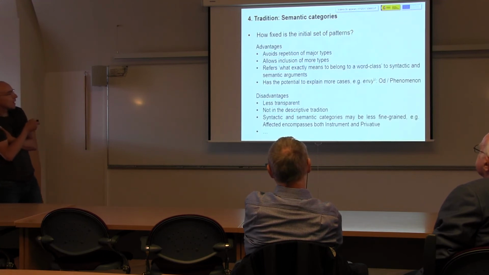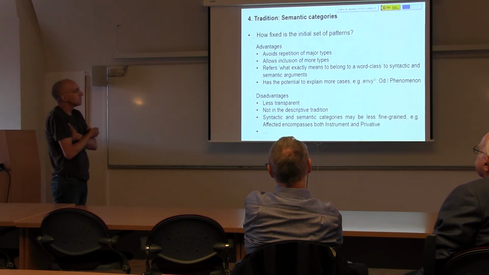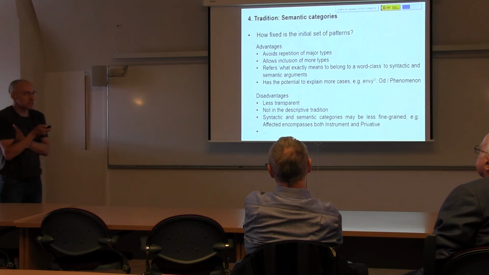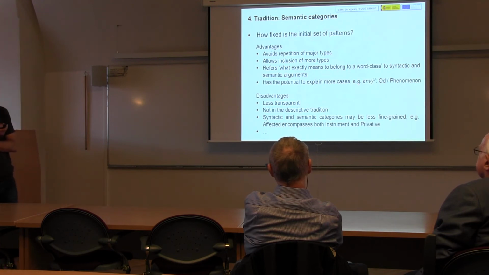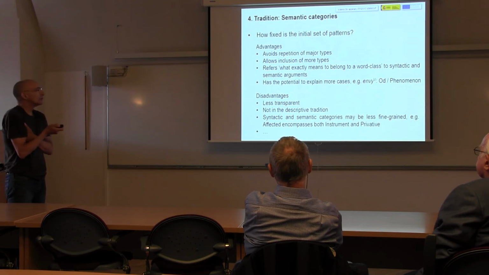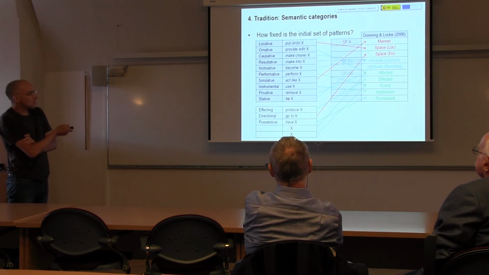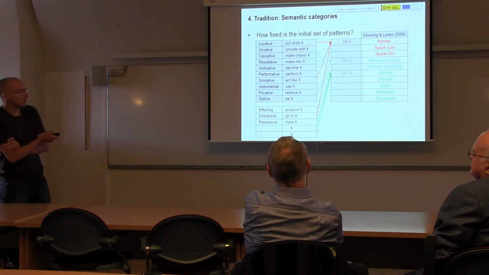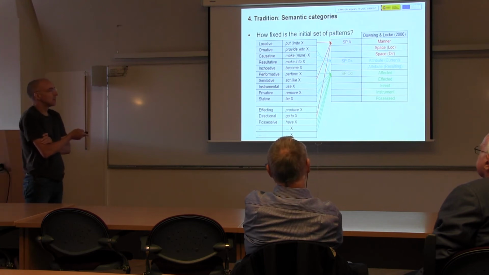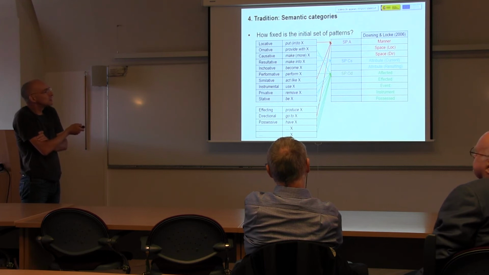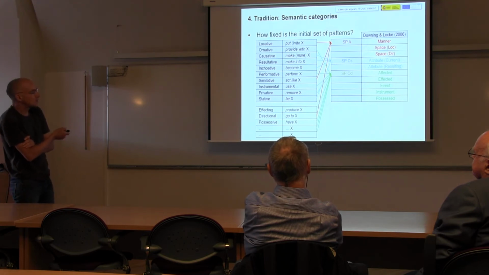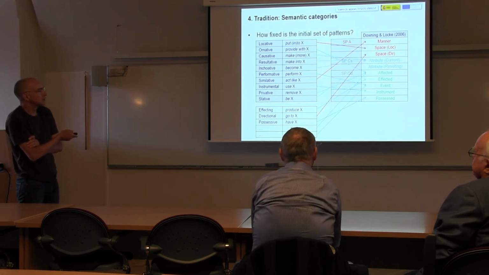So to the last question, how fixed is the initial set of patterns? It doesn't seem to be as fixed as the literature seems to suggest. There is 88% of cases that is not represented there. Does this proposal, and this is a very ambitious term for what I'm presenting here, it is not even a proposal, but does this representation of what happens in these semantic categories have any advantage with respect to what is in the literature?